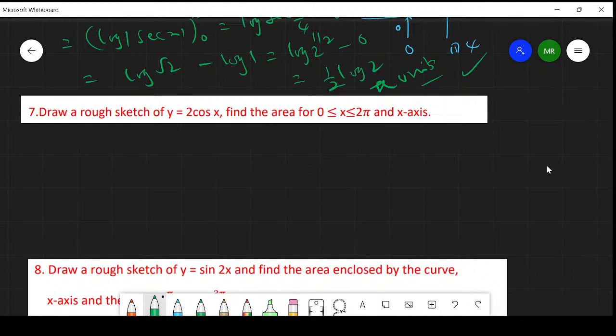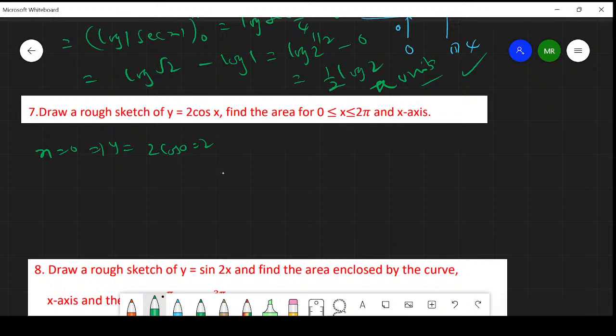For example, if we take x equal to 0, y is equal to 2 cos 0, which will be 2. Maximum will be 2.